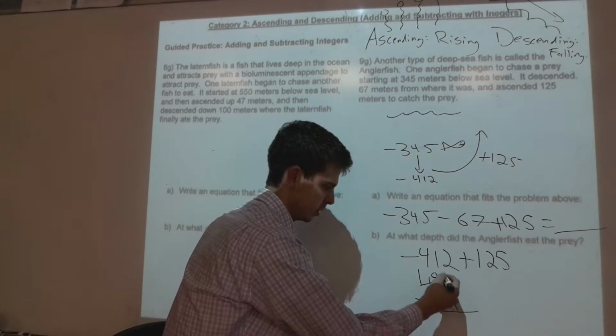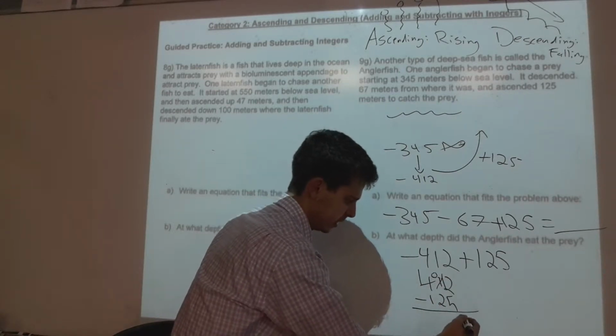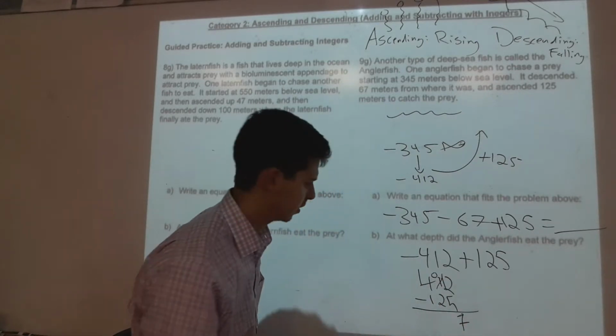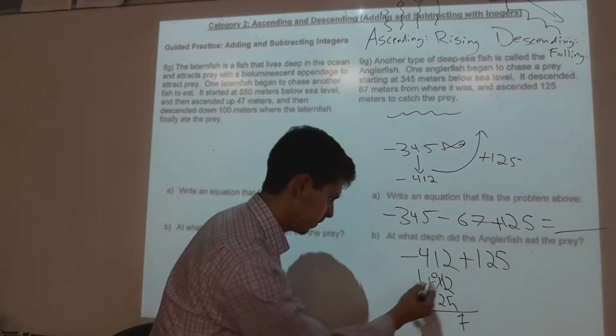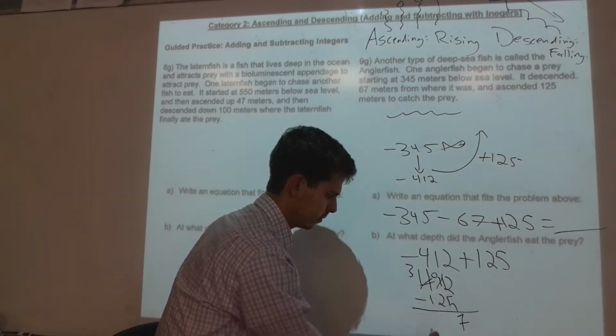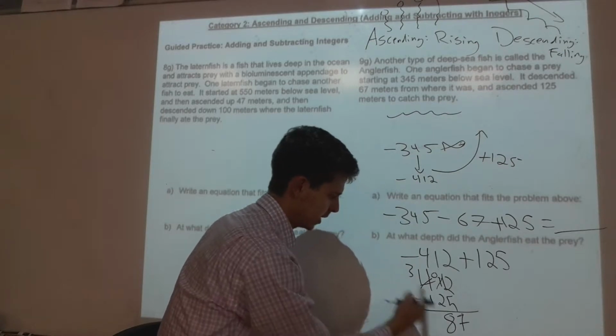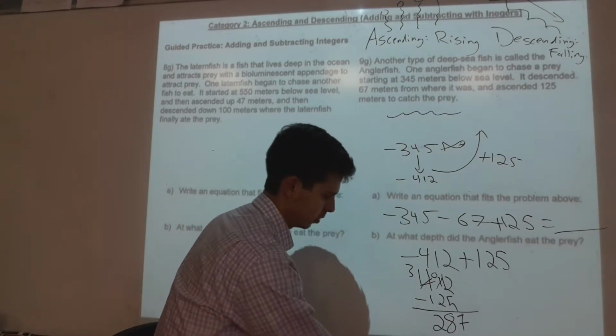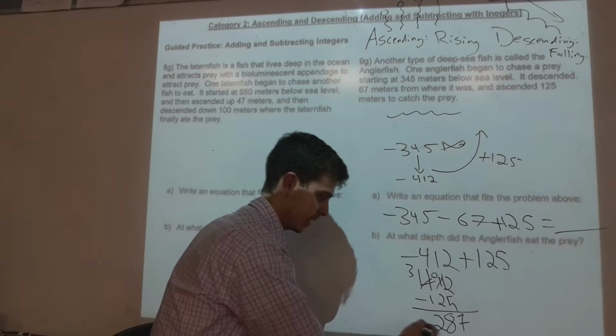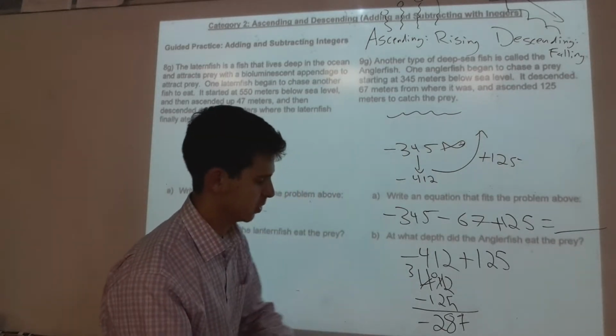Let's see, this becomes a 0. 12 minus 5 is 7. Can you see it? Yes, you can. 10 minus 2 is 8, and 3 minus 1 is 2, so 287. I know this is going to be less negative, so it's going to be negative 287.